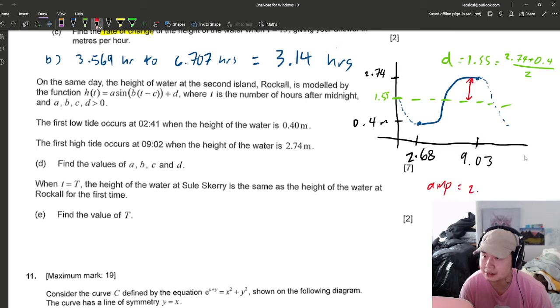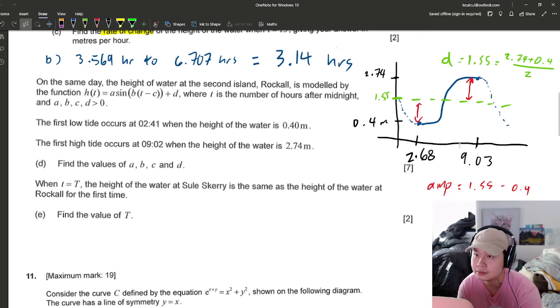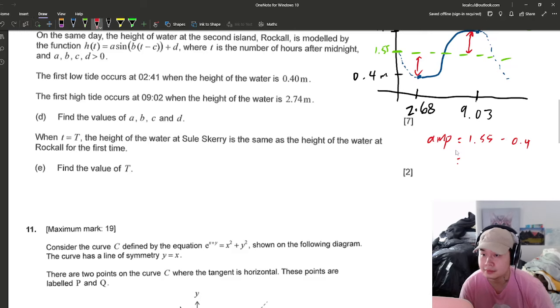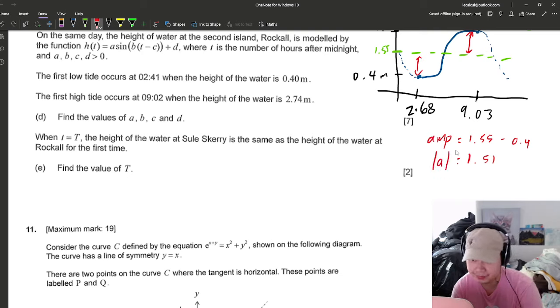So I'm going to say amplitude is, what would I rather subtract? I'm going to do 1.55 minus 0.4. So I'm finding this distance here. So this is 1.17. And then this is the absolute value of A. What I mean by that is this is what the actual number is, but A could also be negative.